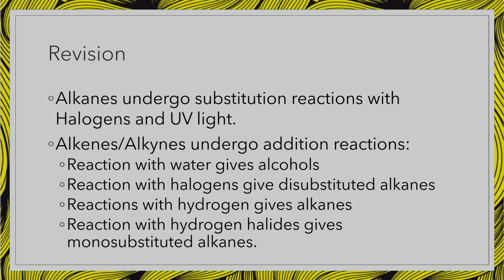When we react it with halogens, we get a di-substituted alkane, for example, two bromines adding at the 1,2 position. Reaction with hydrogen gives alkanes, so it just replaces that double bond with hydrogens. And reaction with hydrogen halide gives a mono-substituted alkane. Now remember, with the reactions with water and with hydrogen halides, the hydrogen goes to the carbon that already has more hydrogen.